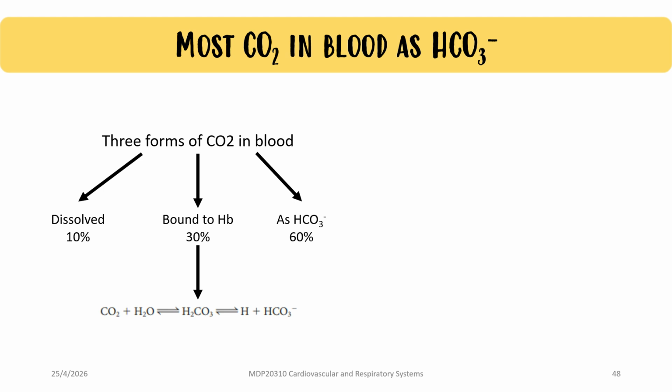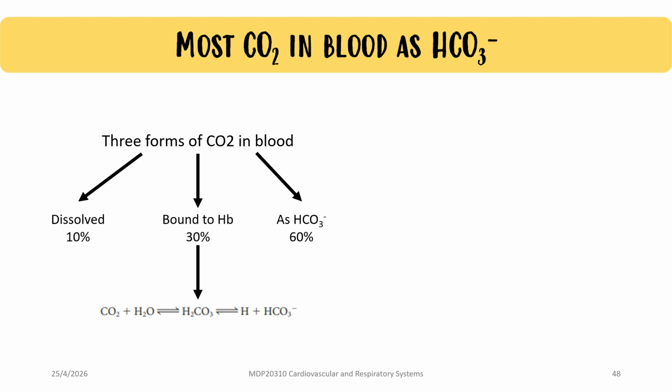Now once the oxygen has been delivered to the body tissues, the hemoglobin will pick up the carbon dioxide so that it can be transported back to the lungs. This carbon dioxide is transported in three ways, but mainly as the bicarbonate ion, at 60%.